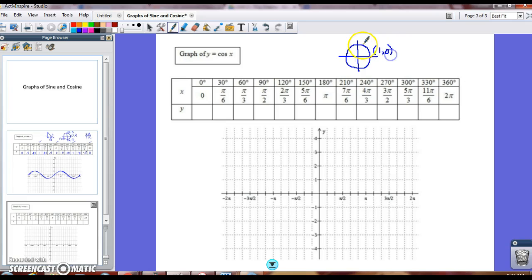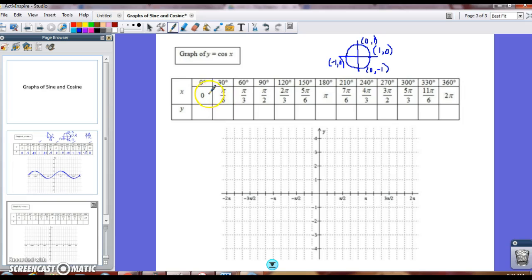1, 0, 0, 1, negative 1, 0, and 0, negative 1. Okay, now remember with the unit circle, the x-coordinates of the points on the unit circle represent the cosine of the angle.